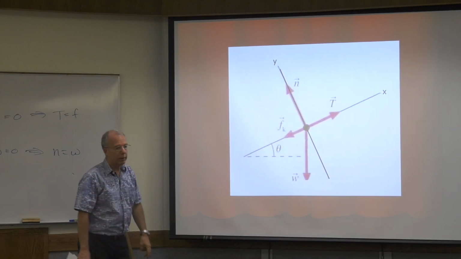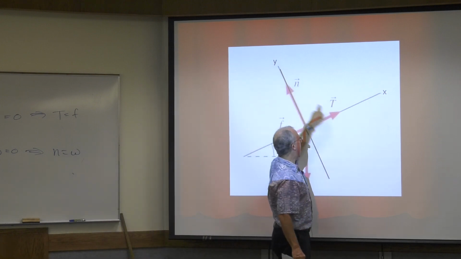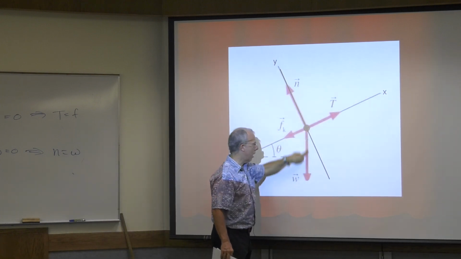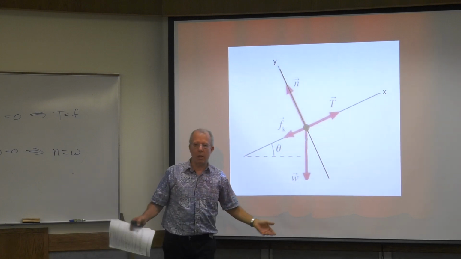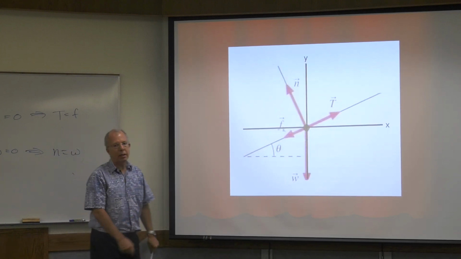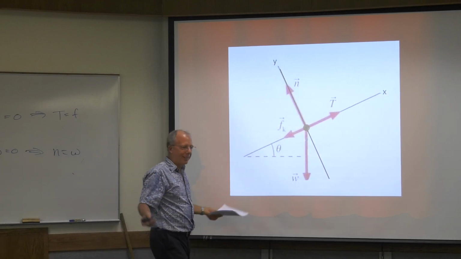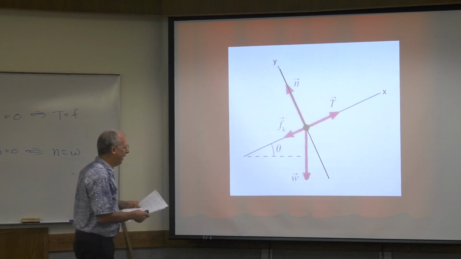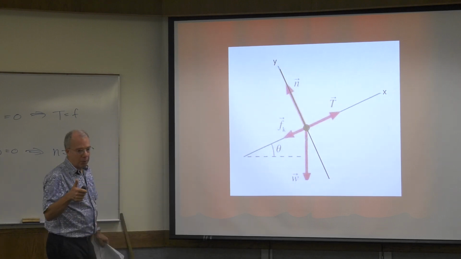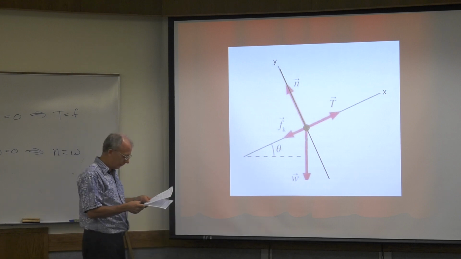And now we have three vectors that are along the coordinate axes. This is the only one that's not. So we only have one to resolve. So your choice. You want to resolve 3 or 1? Well, hopefully you'll choose 1, right? You also want to save work because then there's less probability of making a mistake.